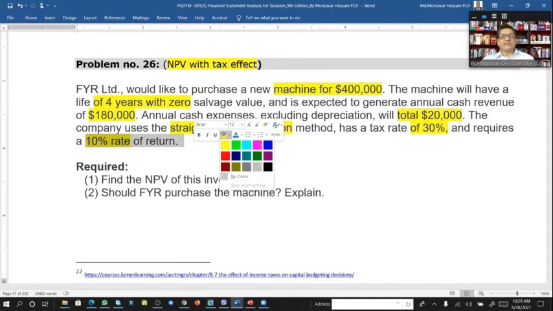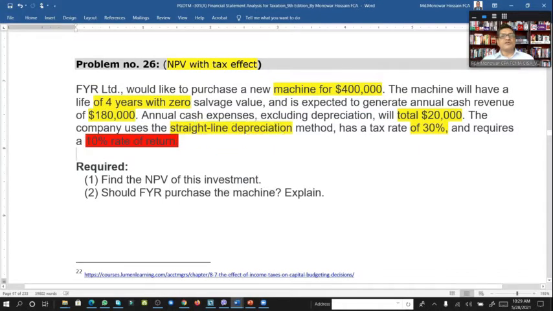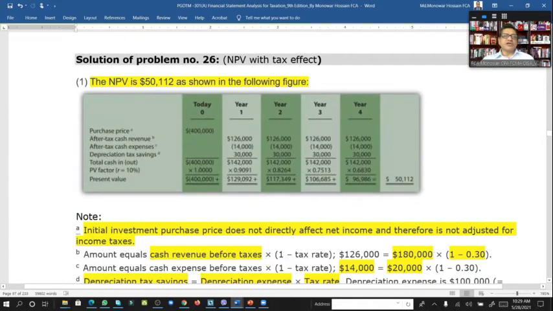So we use this percentage for calculating the present value factor. We can use the PV factor sheet, or calculate with a calculator: 1 divided by 1.1 gives 0.9091.